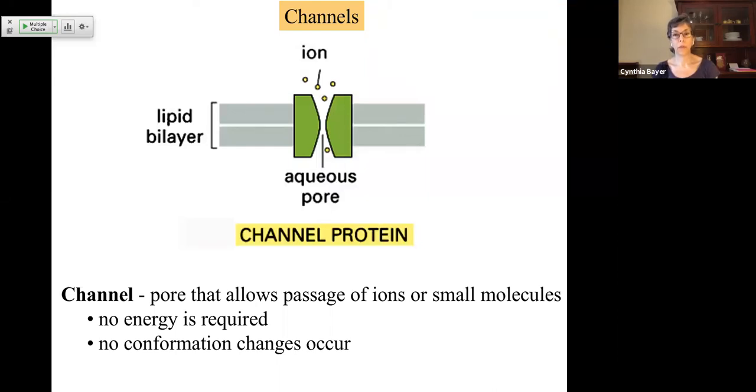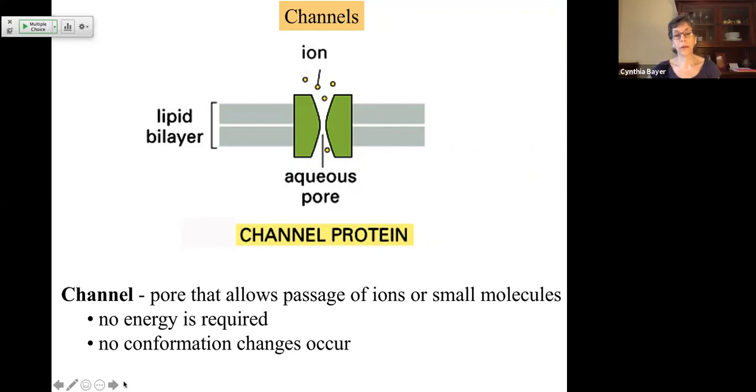And one of those categories, channel protein, is generally, for our purposes, a protein that's going to allow the movement of ions, either sodium ions, potassium ions, calcium ions, chloride ions, forming a hydrophilic pore or channel in the membrane that allows these charged ions to move down the concentration gradient.